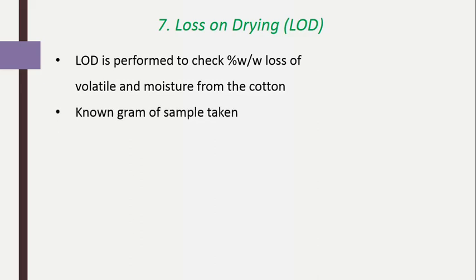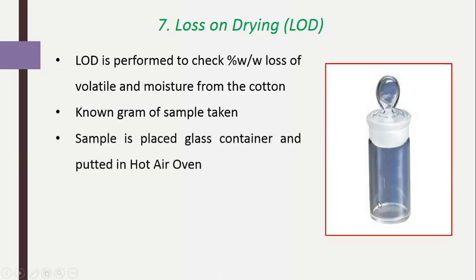For this purpose, a known amount of sample is taken and placed in a glass stoppered bottle, or glass container. After putting the known amount of sample in this stoppered container, the weight is taken before putting the container with the sample in the hot air oven. A hot air oven is used for this loss on drying.